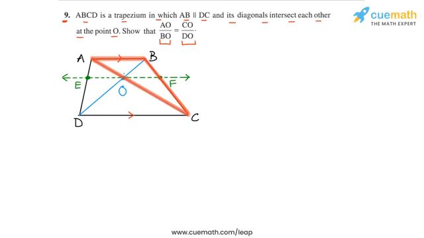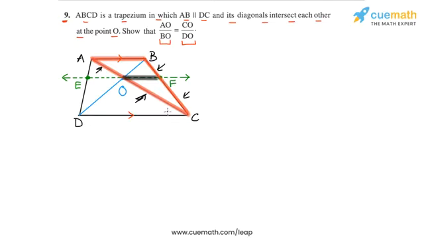Well, because OF is parallel to AB, so we can say that AO by CO is equal to BF by CF.